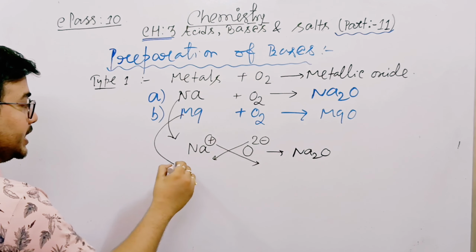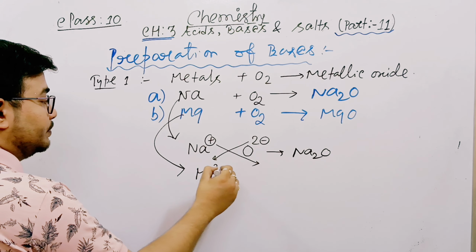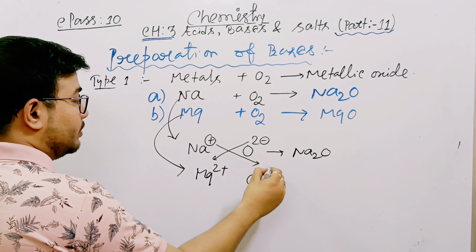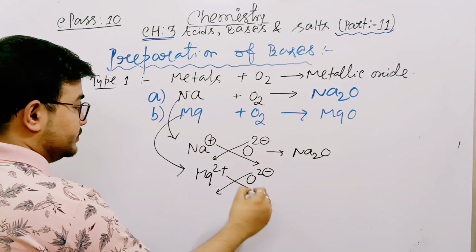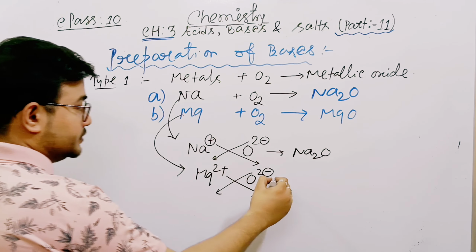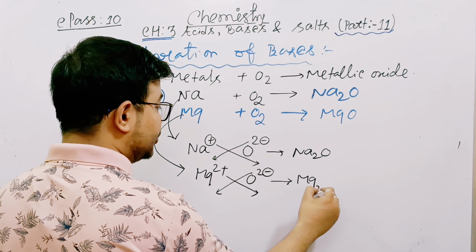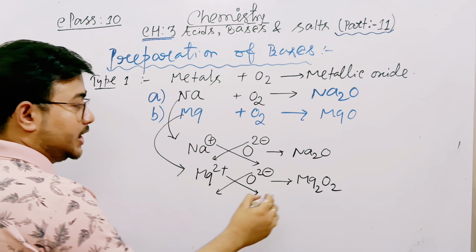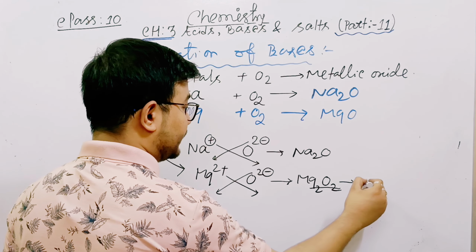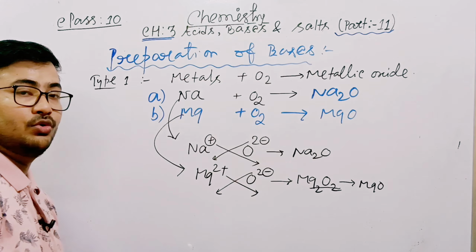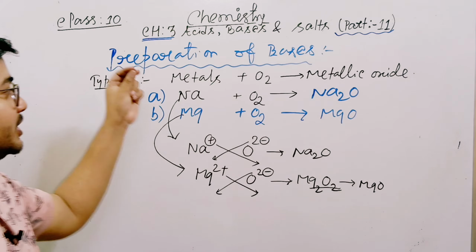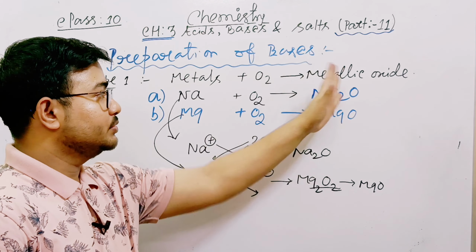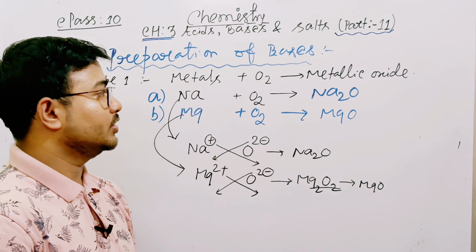In case of magnesium, it contains 2 plus, O contains 2 minus, so Mg2O2. Now you can eliminate these 2, so your final answer is MgO. This is the way. When any metal reacts with oxygen, it will form metallic oxide.